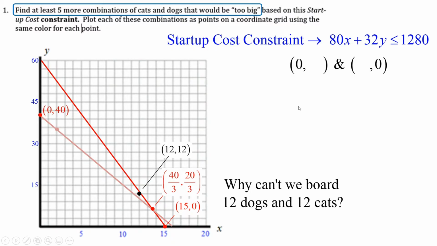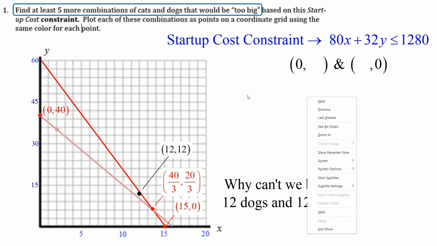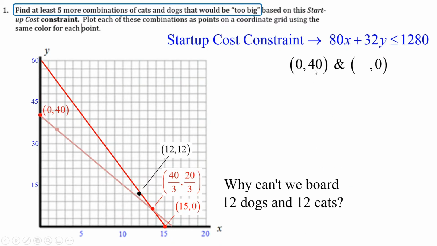What's the y-intercept? Let's let x equals 0, and that would mean 32y is 1280. So 1280 divided by 32, and I'm getting a 40 for my y-intercept right there. Okay, and that's the (0, 40) right there. And that means this is the boundary line right here for my startup constraint.